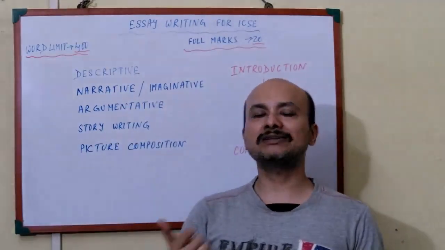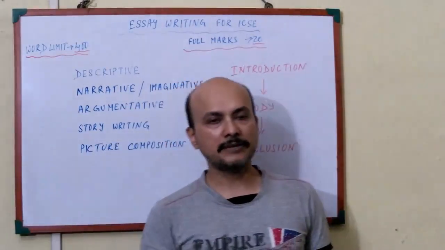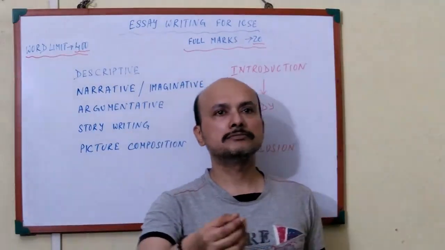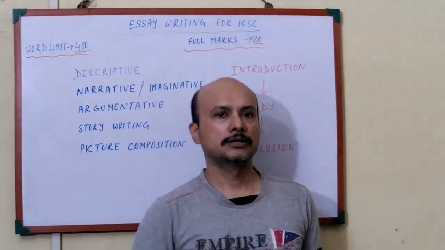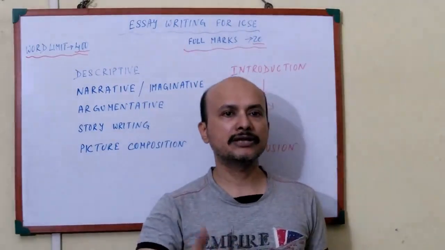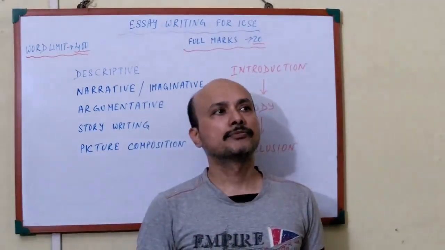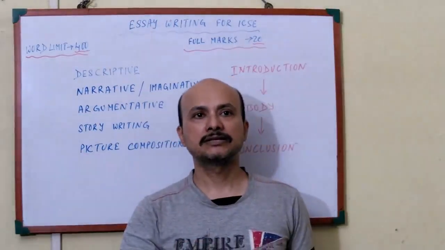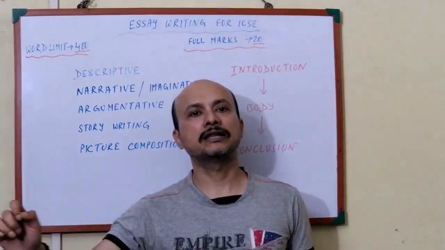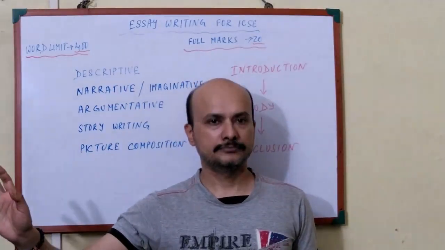Now herein you are given sometimes a line, like it was dark, I entered the room and then suddenly... Or you are given a line to end with, like the last line would be, after this incident I stopped telling lies forever.